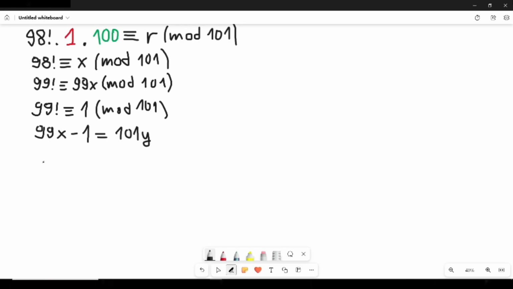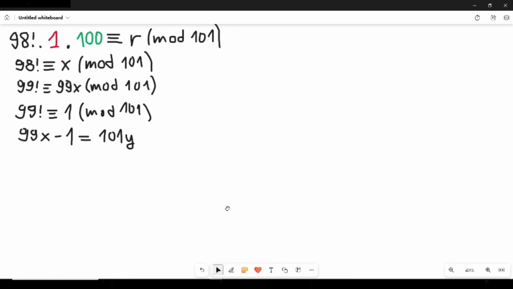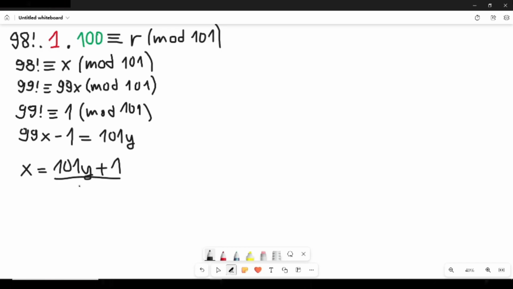From that statement we say that x is (101y plus 1) over 99, which is equal to y.